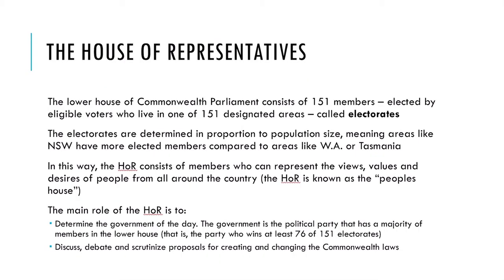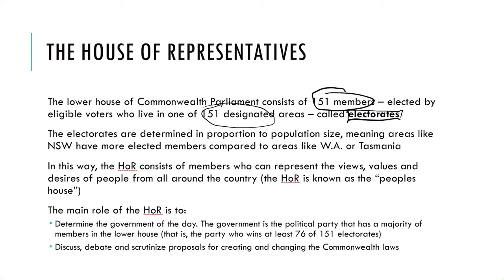So the lower house of Commonwealth Parliament consists of 151 members who are elected by eligible voters who live in one of 151 designated areas called electorates. So each one of these 151 members actually represents one of these areas, which we know as electorates.